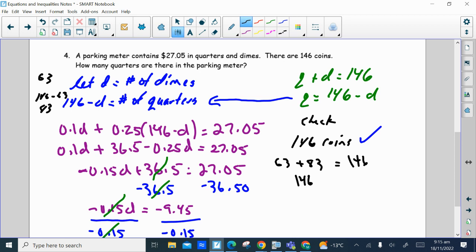And the second thing we need to check is what? That's right, the amount. What must the amount equal? That's right. The total amount equals 27.05.